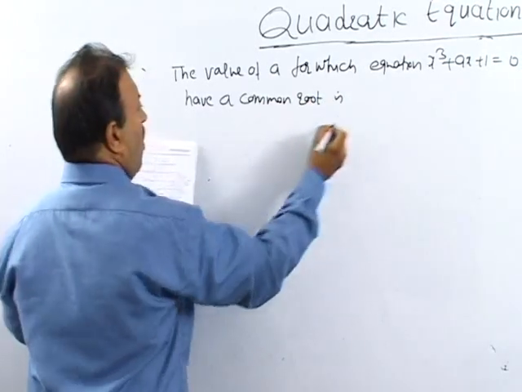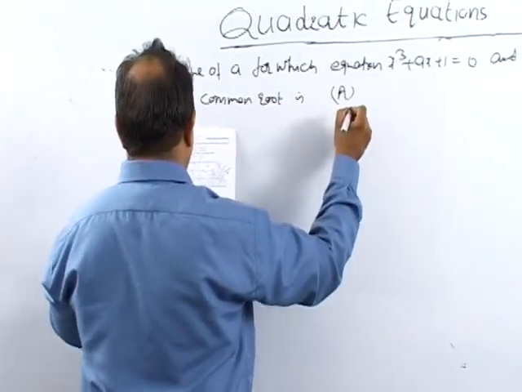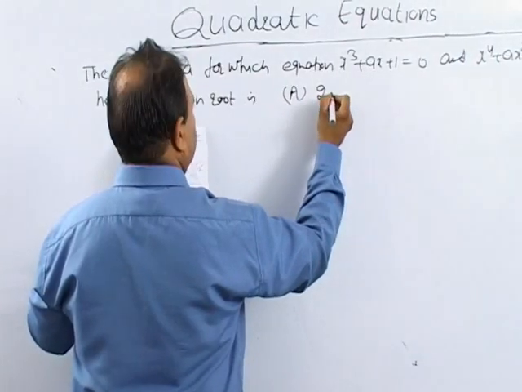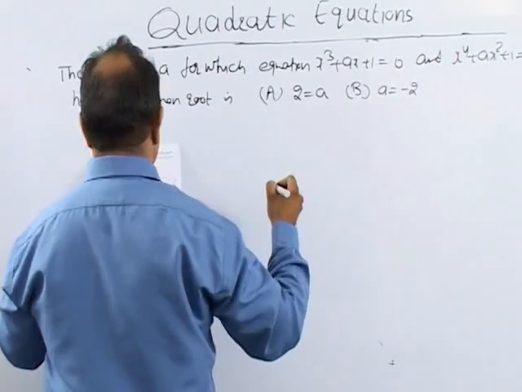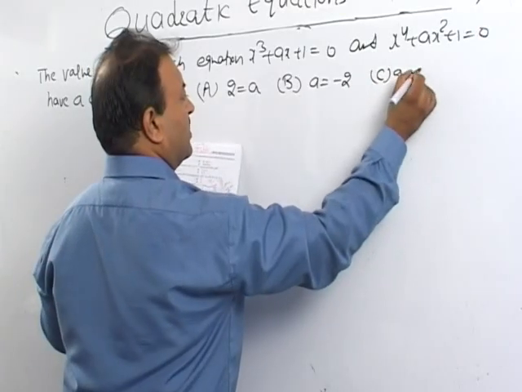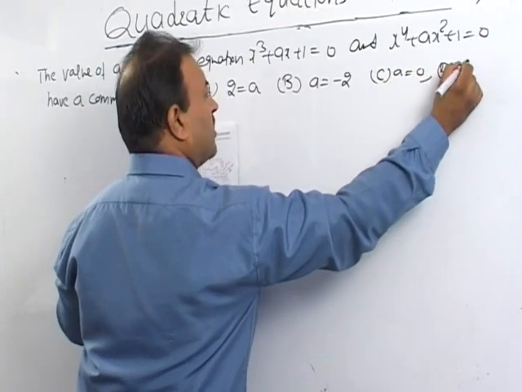There are 4 options. Option A: the value of a comes out to be 2, a is equal to 2. B option is a is equal to minus 2, C option is a is equal to 0, and D option is none of these.